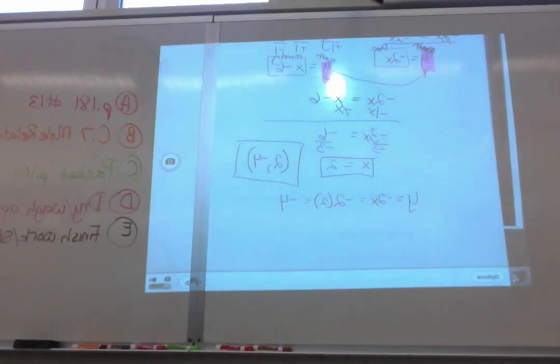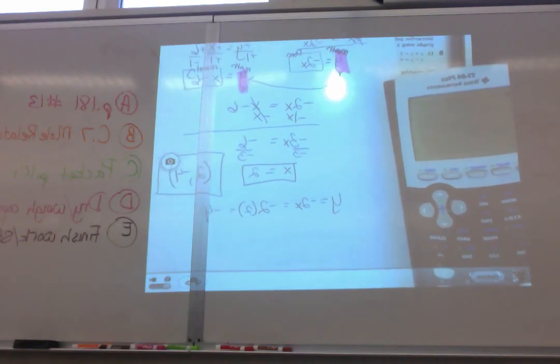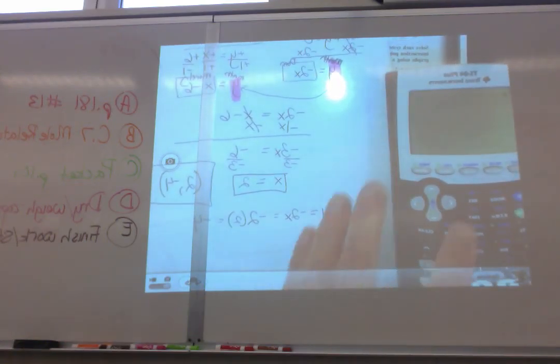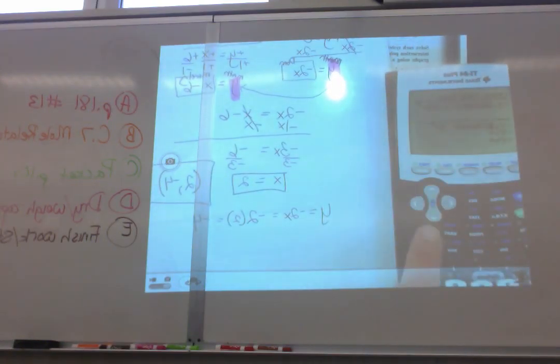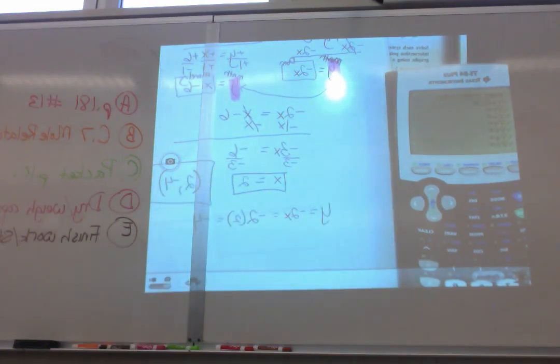Get out your graphing calculator, turn it on, and go to y equals. Clear out any old functions that are there. In y1, we're going to put y equals negative 2x.